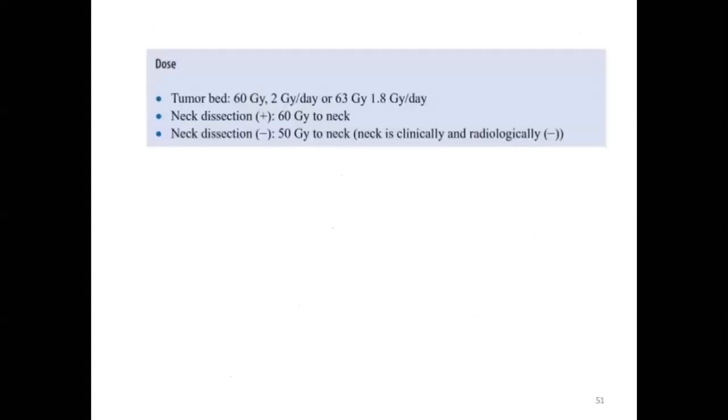Doses to the tumor bed are 60 Gy at 2 Gy per day, or 63 Gy at 1.8 Gy per day. For neck dissection, if nodes are positive, go for 60 Gy to the neck. If they are negative, go for 50 Gy to the neck.